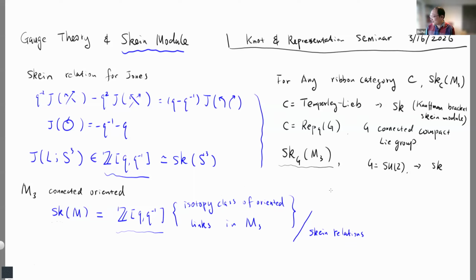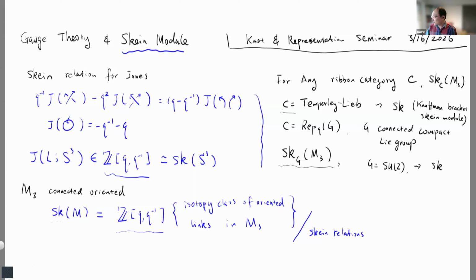So any question at this point? Excuse me, I have one question. When we define a skein module, here the skein relations are the skein relations for the Jones polynomial, right? Yes. Then, could you remind me which C gives this skein module?